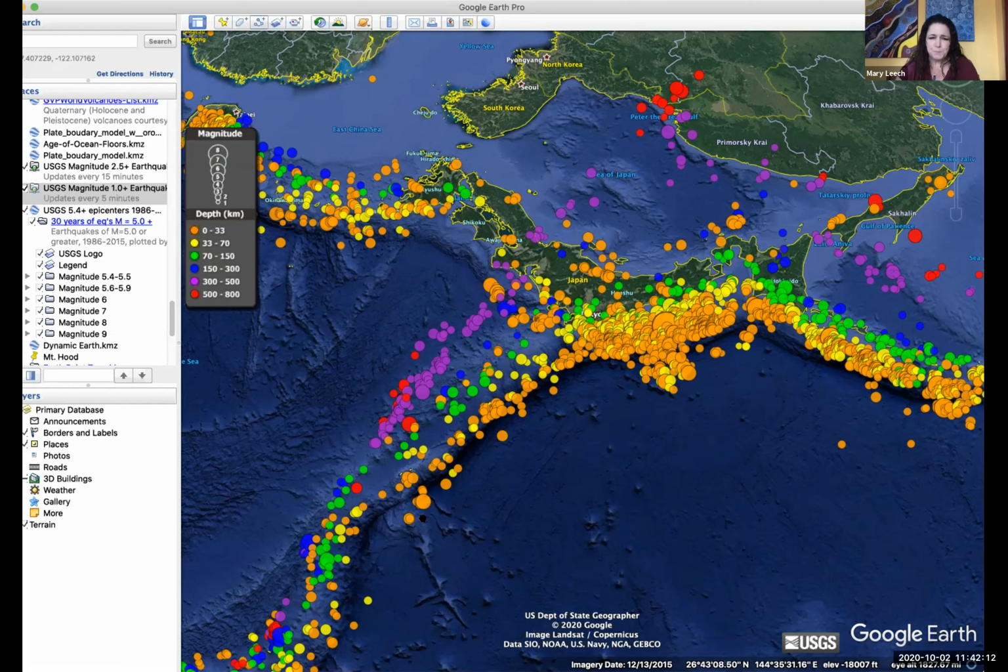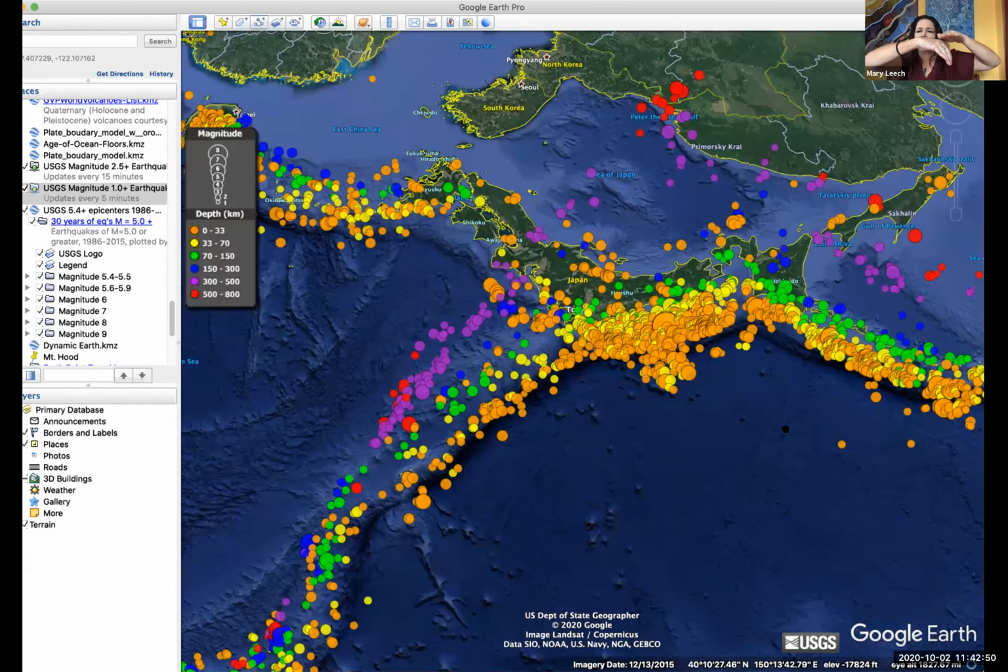All right, do a mental experiment, because the Pacific plate is diving down beneath these plates, beneath North America over here and Asia over here, right? Use your hands if you need to, and imagine the earthquakes being along the subducting hand. If it's really steep, then the earthquakes are going to be over a fairly small geographic area.